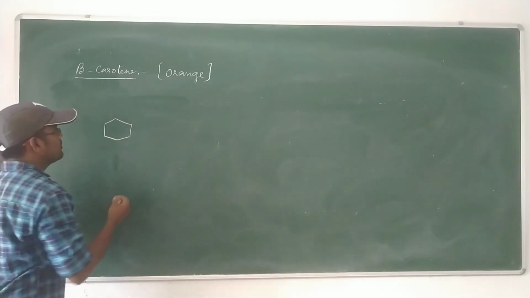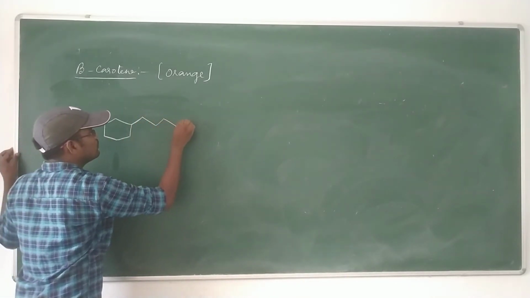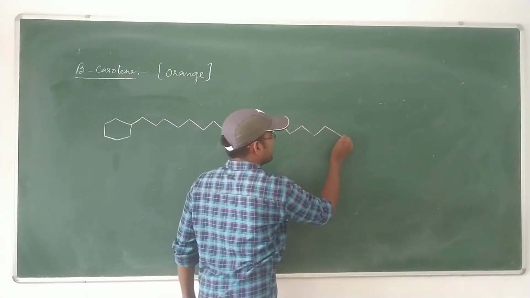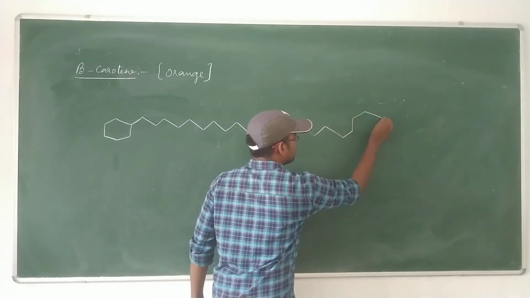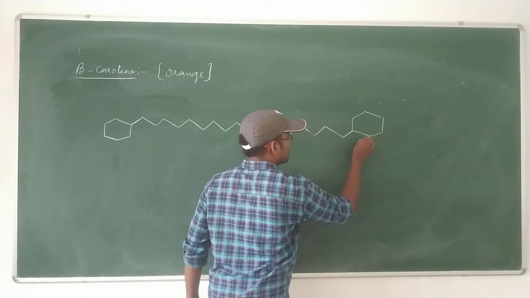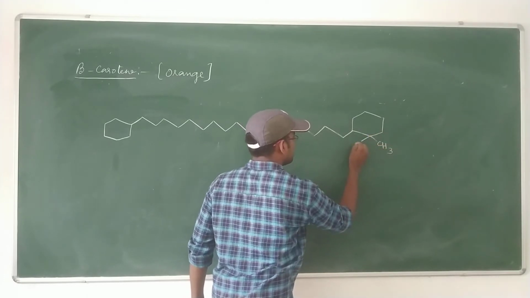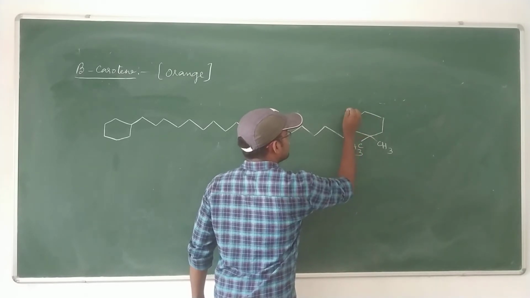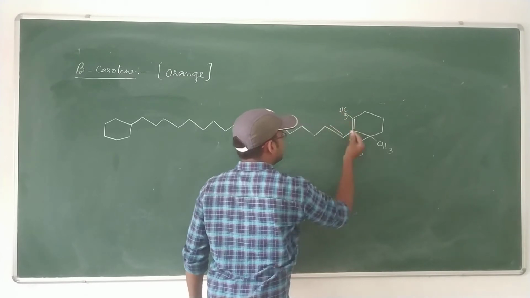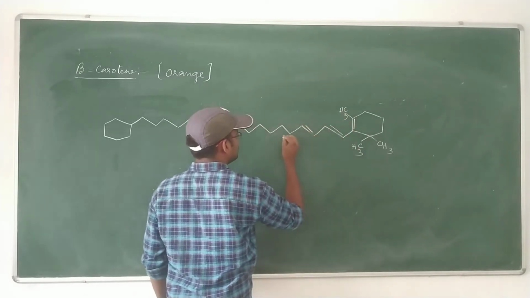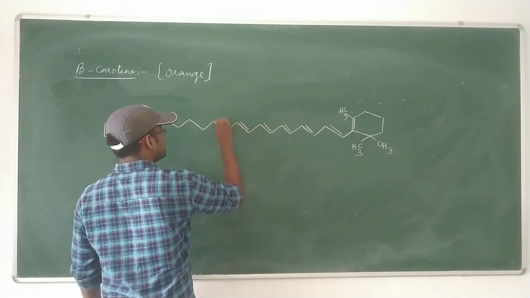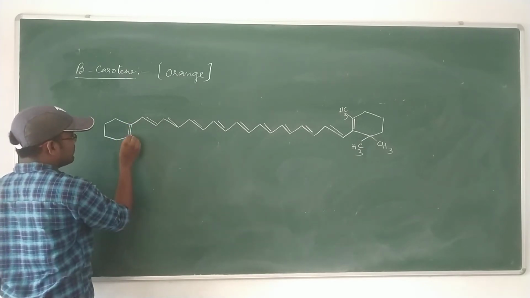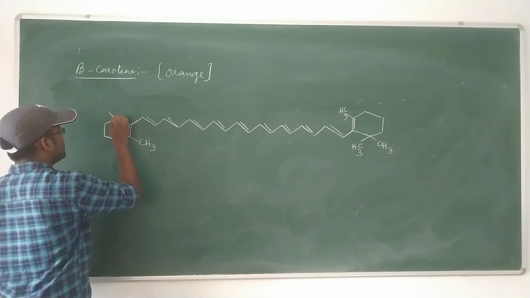We should note the structure: 1, 2, 3, 4, 5, 6, 7, 8, 9. CH3, CH3, and a double bond, an endocyclic double bond, and here CH3, with alternating double bonds, conjugated double bonds 1, 2, 3, 4, 5, 6, 7, 8, 9, and this is also a conjugated double bond, with CH3 and 2 CH3s.